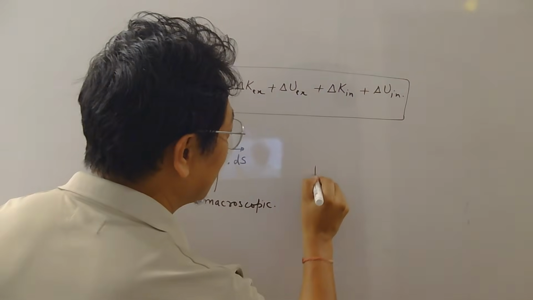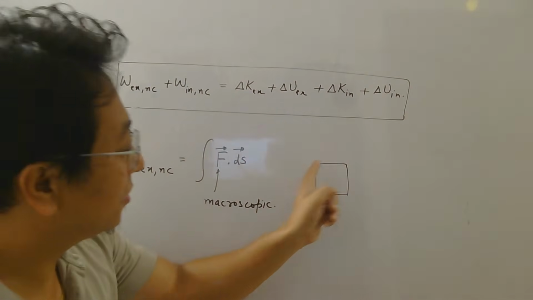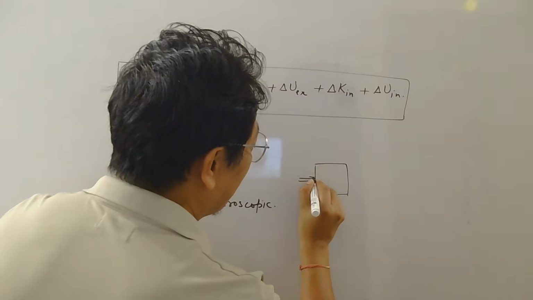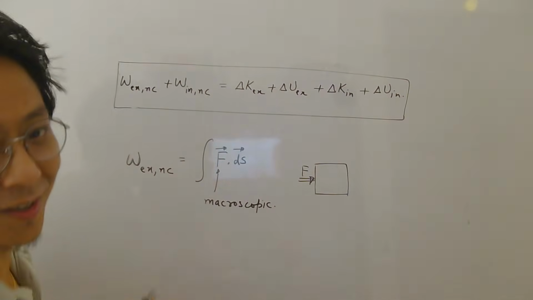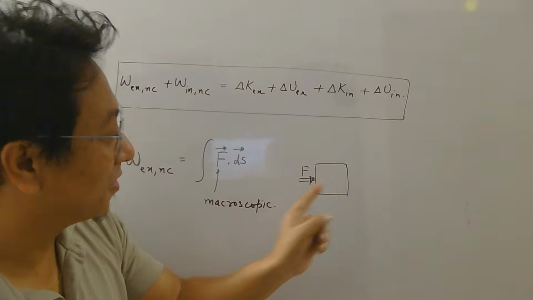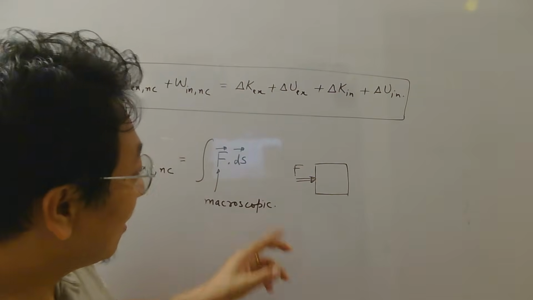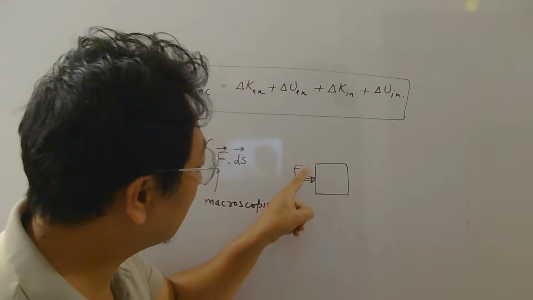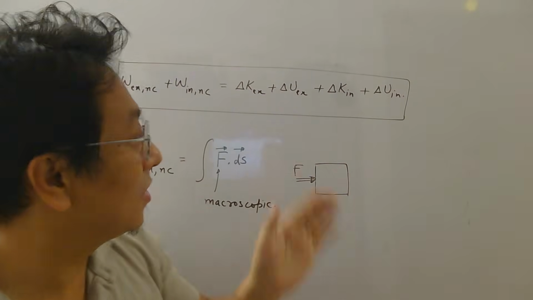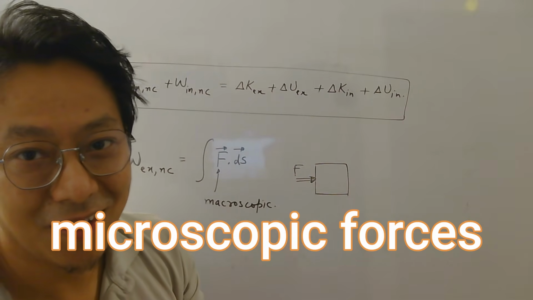For example, you take a system and let's say you want to change kinetic energy or potential energy of this system. Then till now what we learned, we have to apply a force, a macroscopic force, and do some work, and that would change the kinetic energy or potential energy of the system, right? Internal or external. Now thermodynamics says that you don't have to apply only macroscopic forces to change the energy of the system. There is another way to change the energy of the system, and that is through microscopic forces. How?